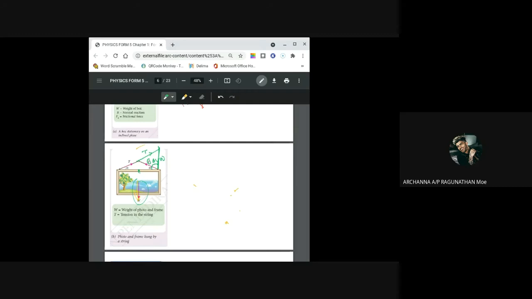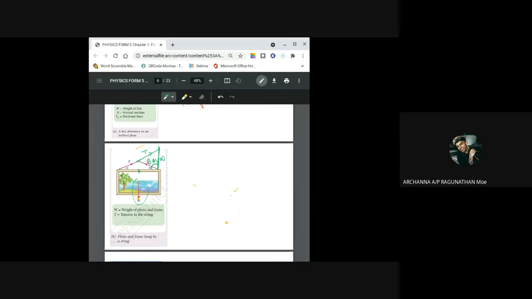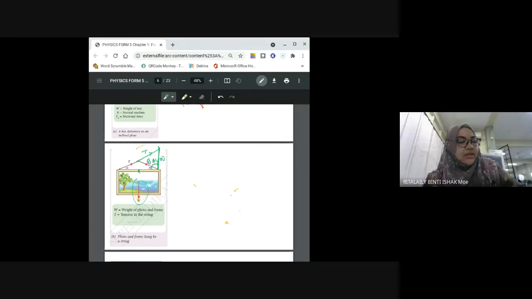Teacher, how will they ask the question when they want us to draw the triangle using the scale? Sometimes you can use the formula, right, sir? How will we know that we have to draw using the scale to find the answer? They will ask. Okay, look at page 22 in your textbook. Figure 1.328 shows a box of weight 50 Newton stationary on an inclined plane.